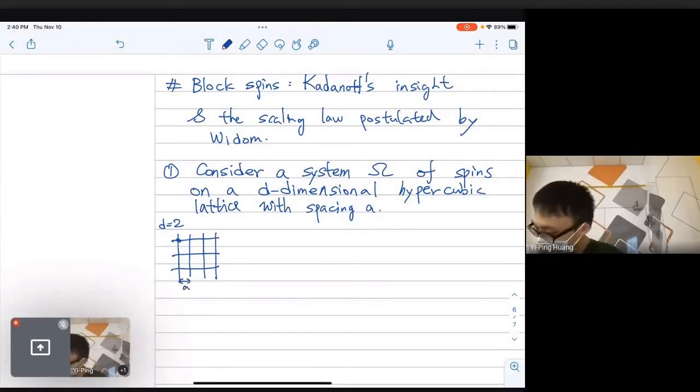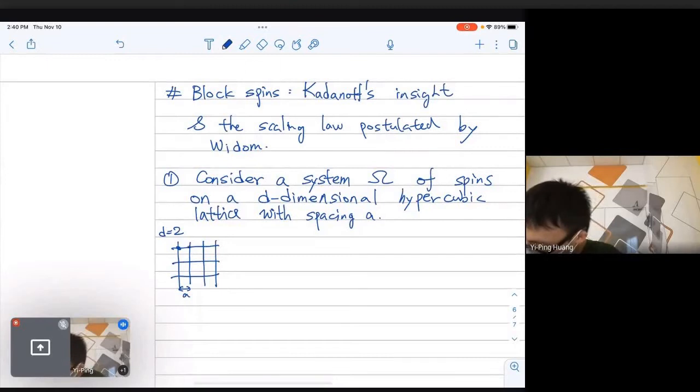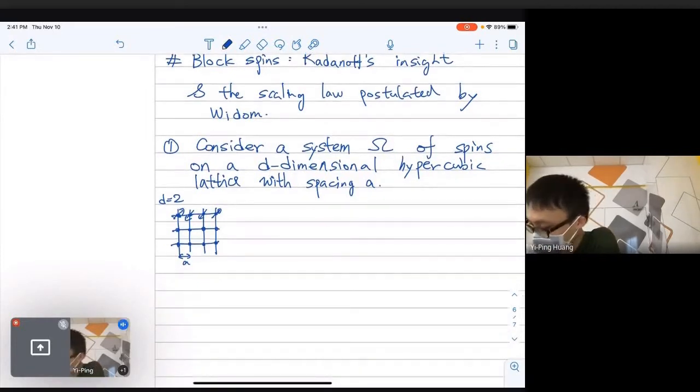And on the vertices of this lattice we have a bunch of spins sitting around. I'll not draw every one of them, but just remember that on each vertex of this square lattice there is a spin.